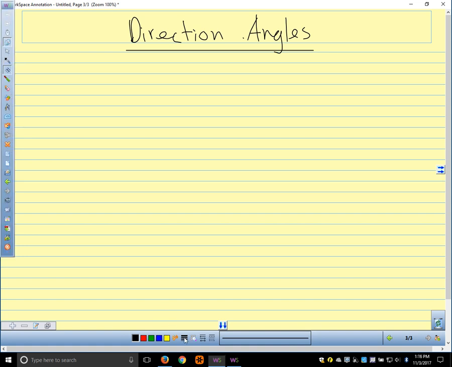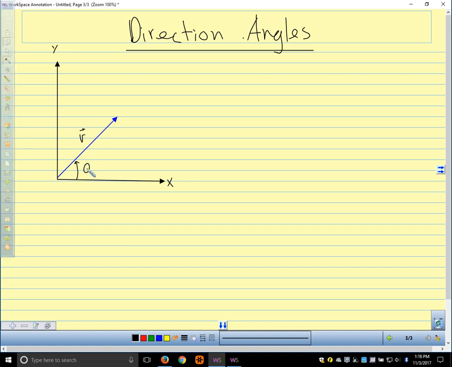So I'm going to draw a set of coordinate axes. So there's x, y, and I'll put a vector on there, make it a blue vector. And I'm going to call that vector v. And we're going to talk about this angle that the vector makes with the positive x-axis. So our vector is in standard position.